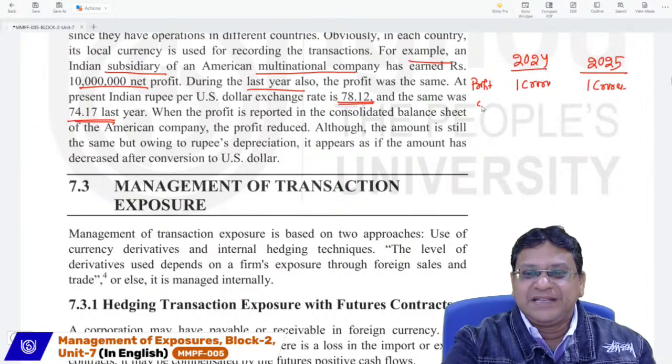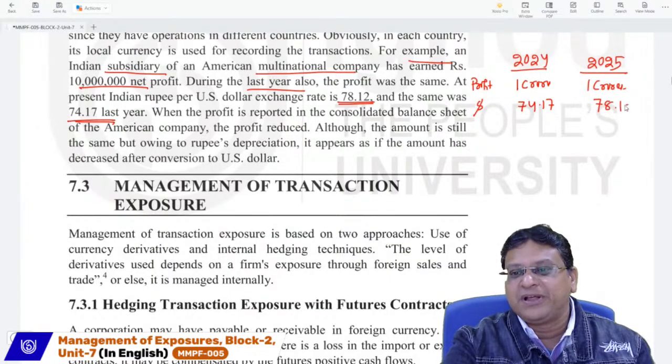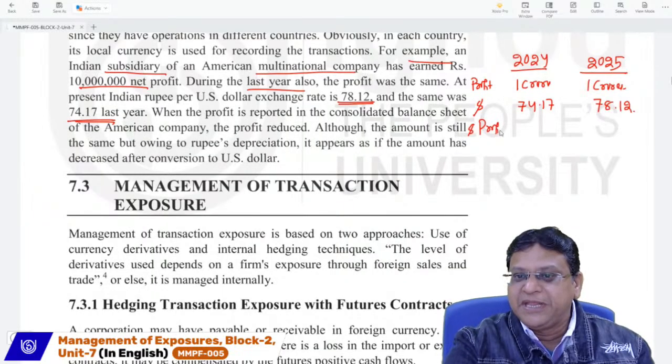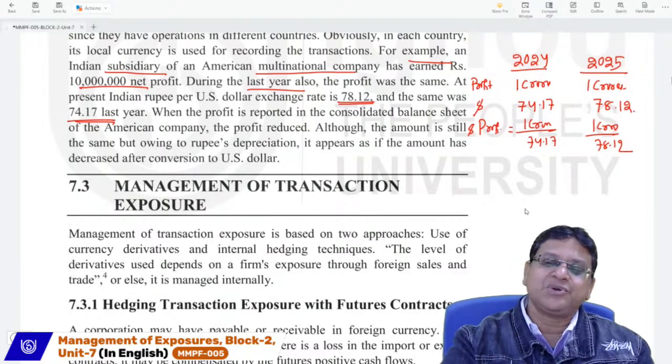But in 2024, the dollar exchange rate was 74.17, but now it has become 78.12. In dollar terms, profit will be 1 crore by 74.17 earlier. In this case, it will be 1 crore by 78.12. You just look at this.